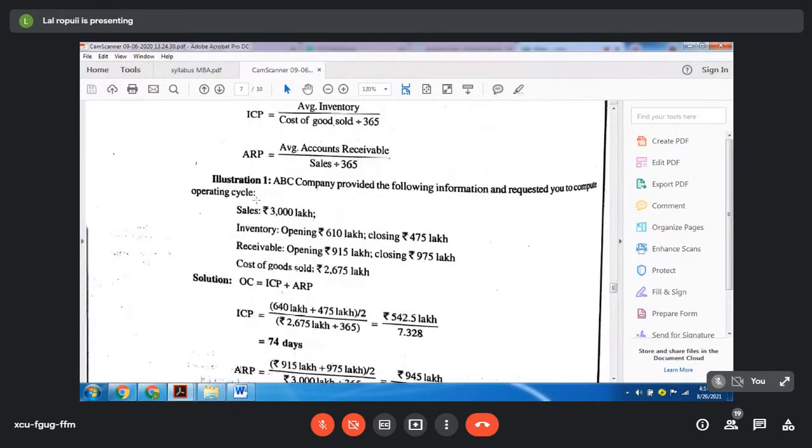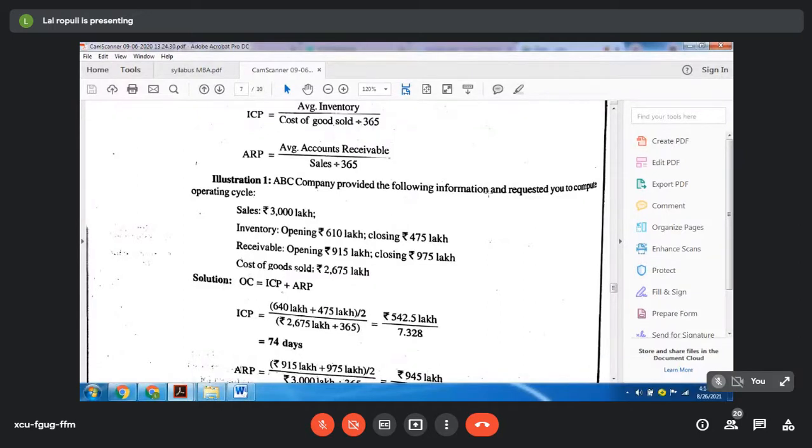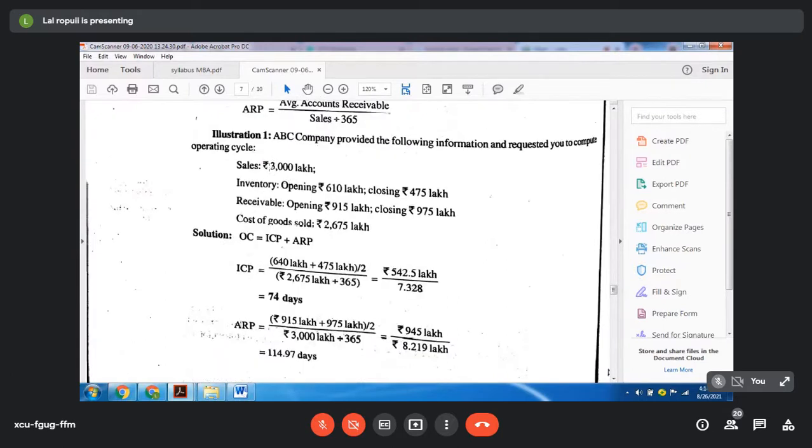Illustration number one: this book has given some simple calculations with ready-made information. ABC company provided the following information and requested you to compute the operating cycle. Sales is 3,000 lakh.